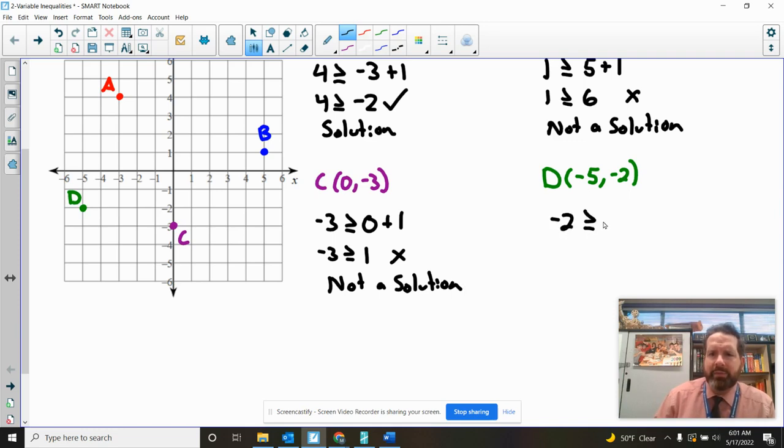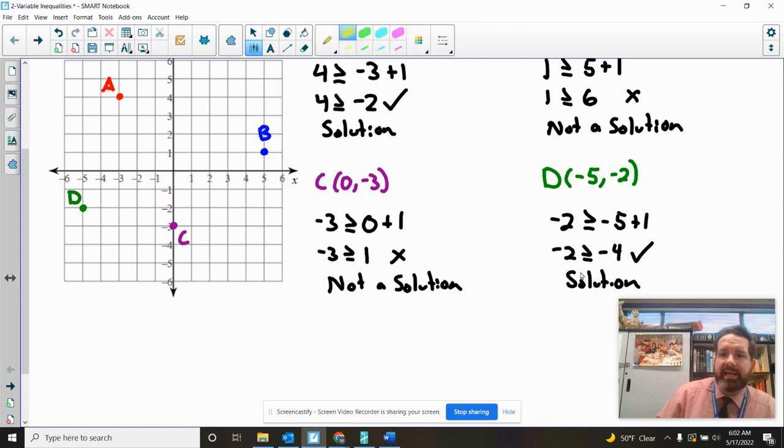Is that greater than or equal to -5 plus 1? Well, -5 plus 1 is -4. Is -2 greater than or equal to -4? Yes, -2 is greater than -4. So this is a solution. I'm going to give this a highlight. So we saw A was a solution and D was a solution.